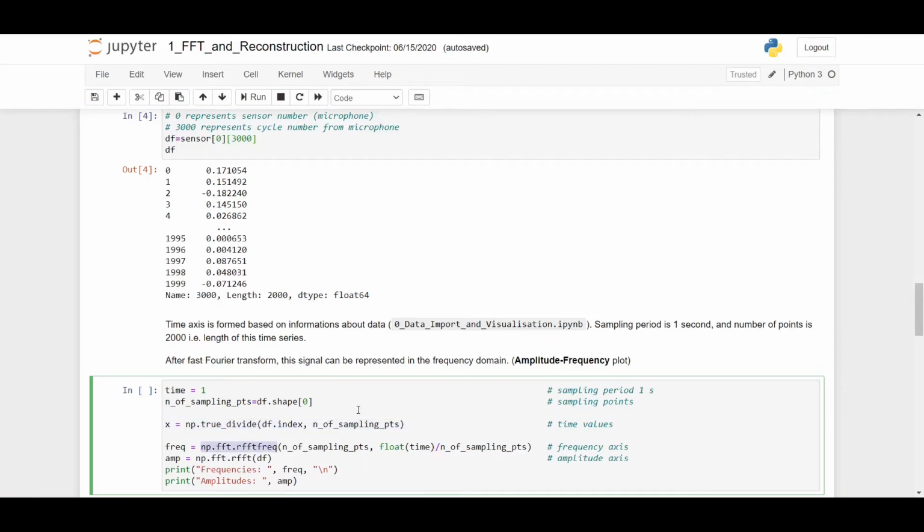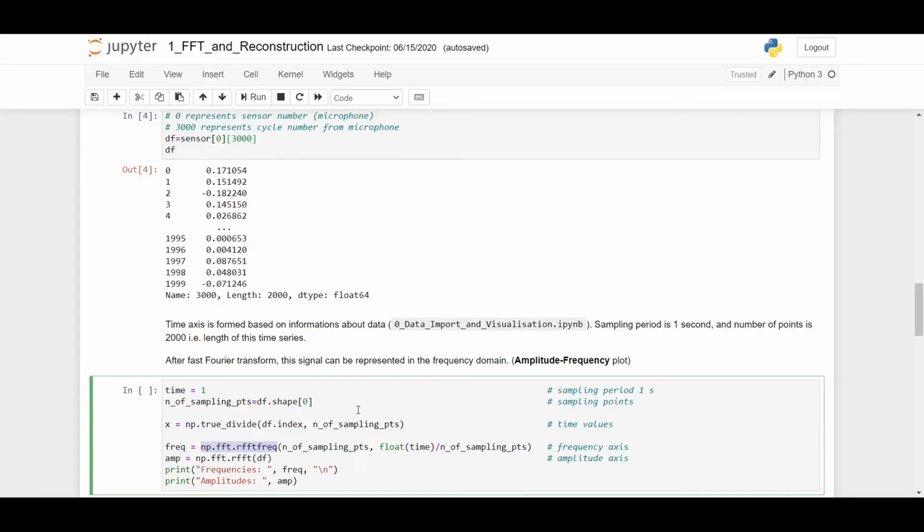We used existing NumPy functions fft and rfft to obtain frequencies and amplitudes of signal components. To obtain frequency, it was necessary to input number of samples and sampling time step, and as the output we obtained one-dimensional array of frequencies. To obtain amplitudes, only one input parameter is required, and that is time series array.